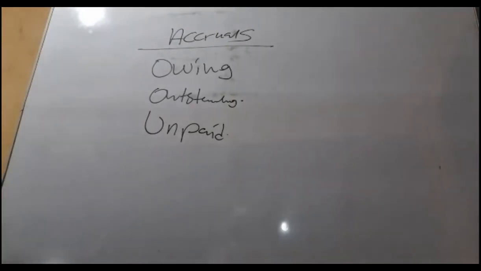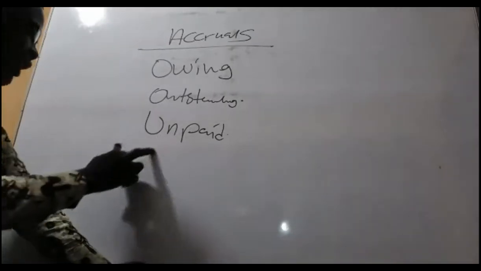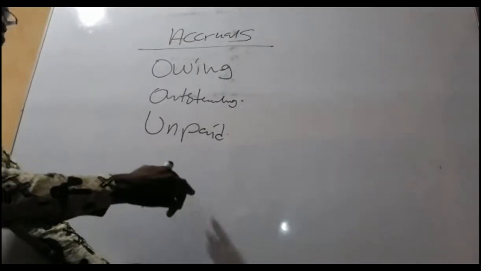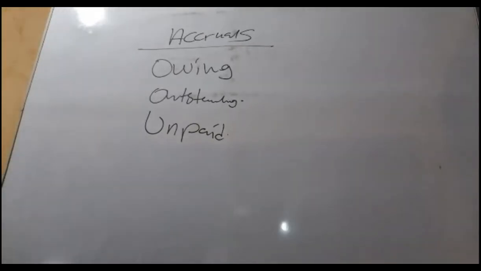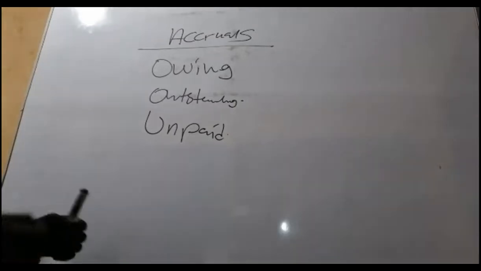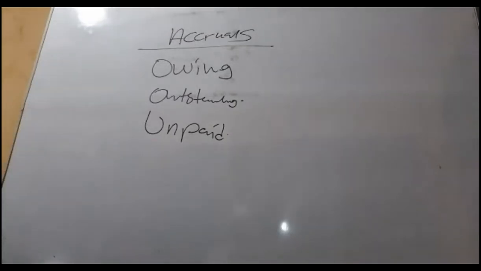An example is what we saw recently: the interest owing is an accrual. The accrual concept says that once you have incurred it, please let it be in the books, whether I've paid it or not. So that is it. Now, how do you treat it in the books? Let's start again.